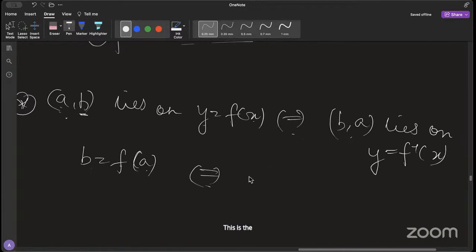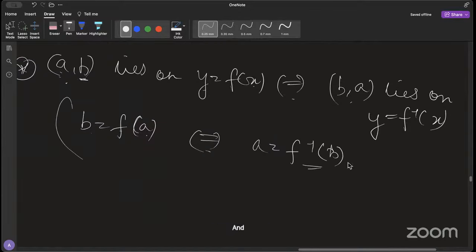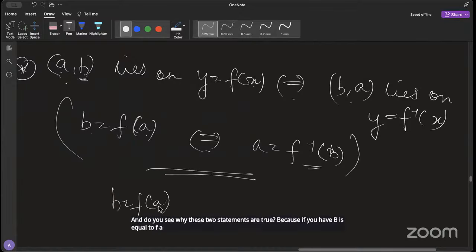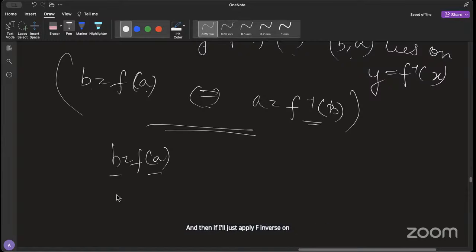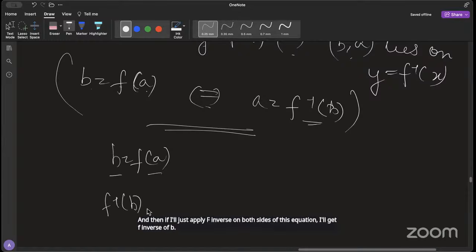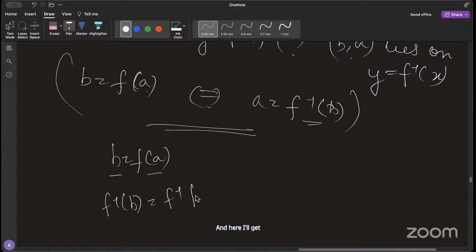This is the same as saying f inverse of b is a. And do you see why these two statements are true? Because if you have b equals f(a), and then I apply f inverse on both sides of this equation, I'll get f inverse of b, and here I'll get f inverse of f(a).